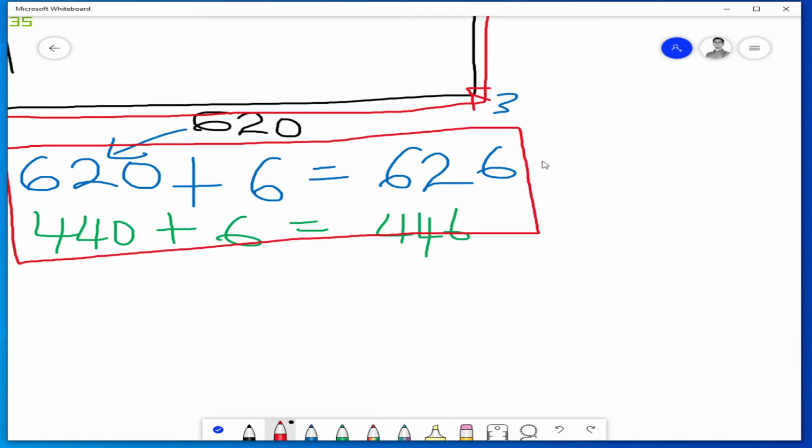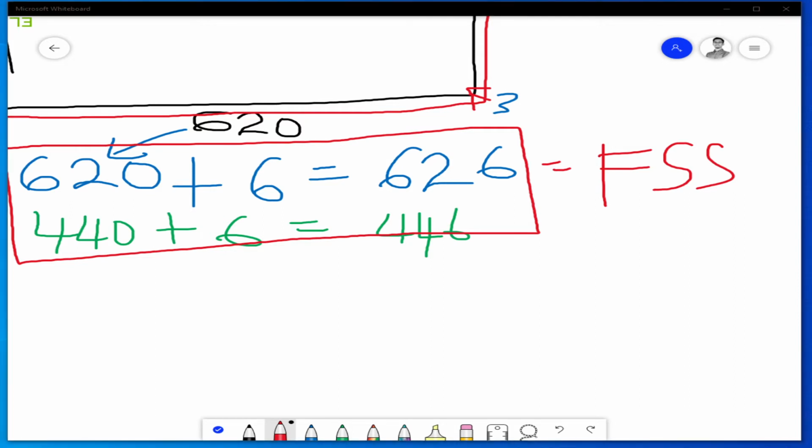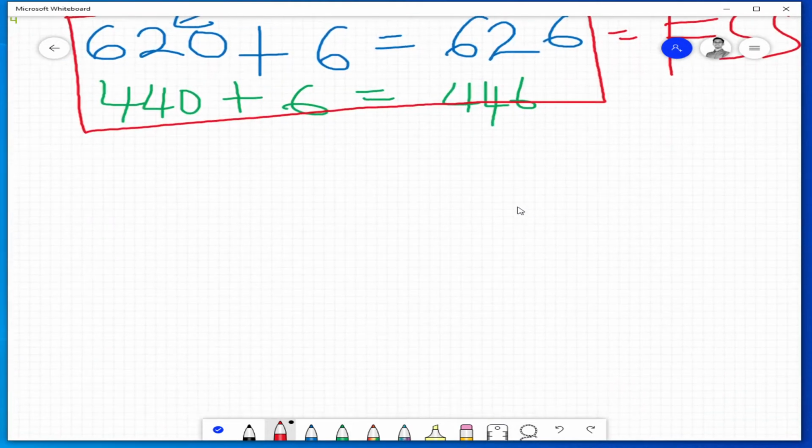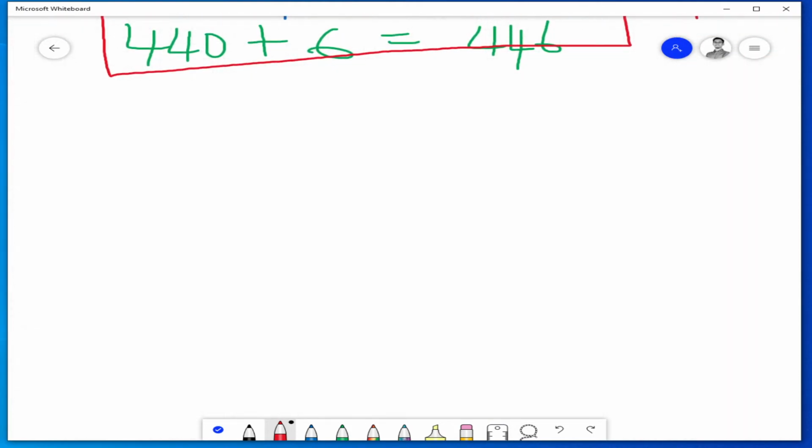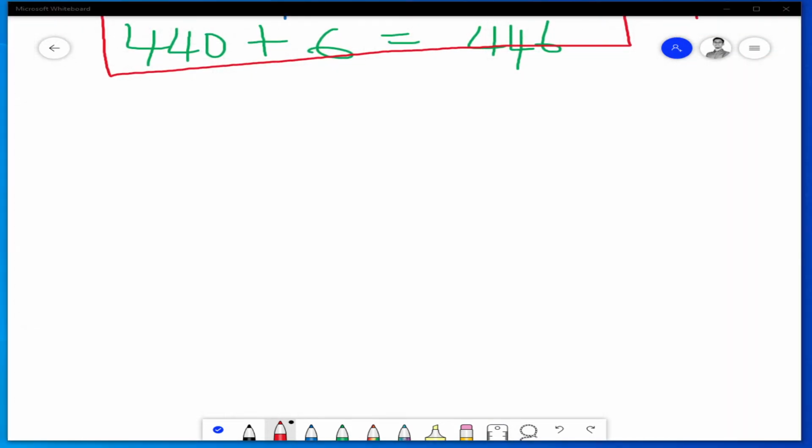Okay. So this is FSS. Okay, FSS. So sekarang ni our PSS tadi kita dah tahu dah PSS kita. We just mentioned about the PSS.